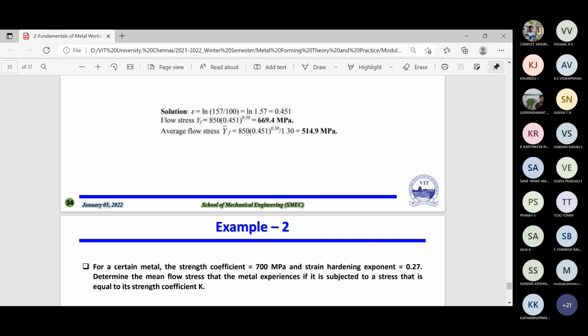If you need any equation, please tell me so that I will go back to the slides. So you have to find out the mean flow stress.